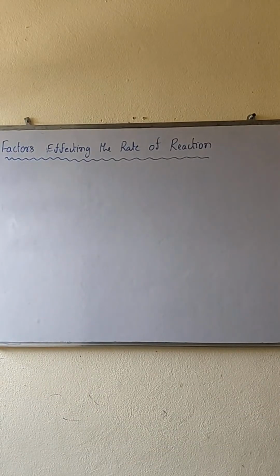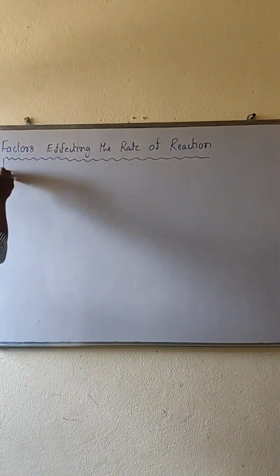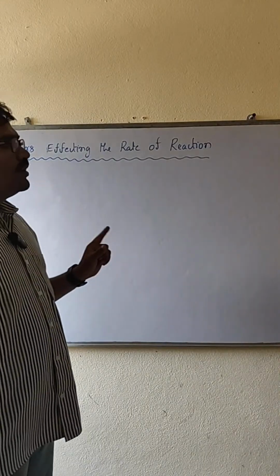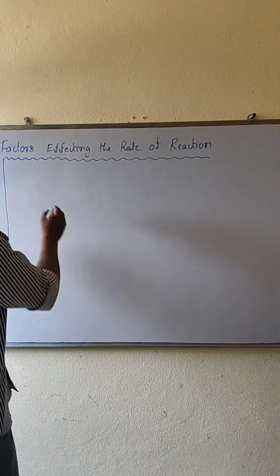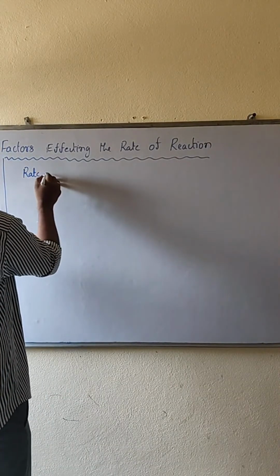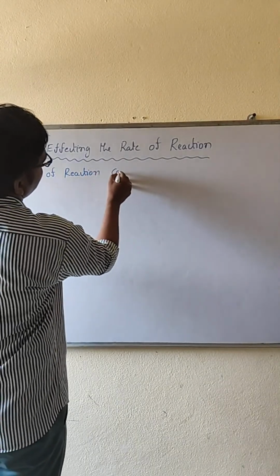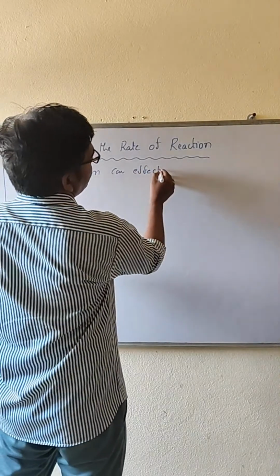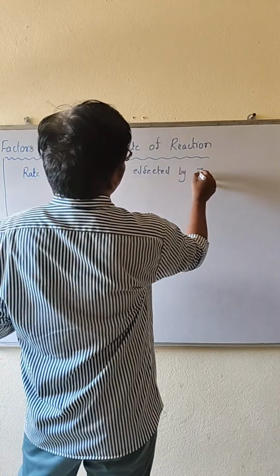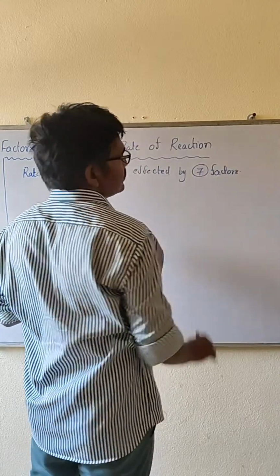Which factors are affecting it? The rate of reaction can be affected or influenced by 7 factors. What are those?